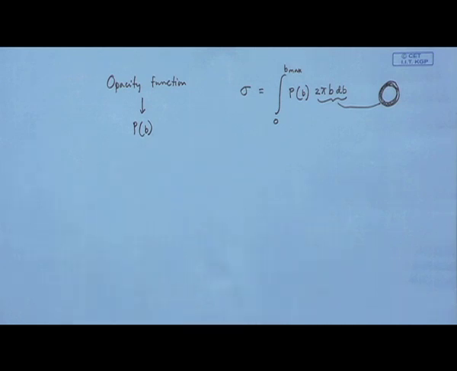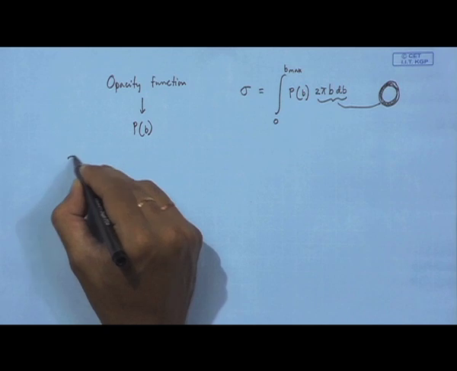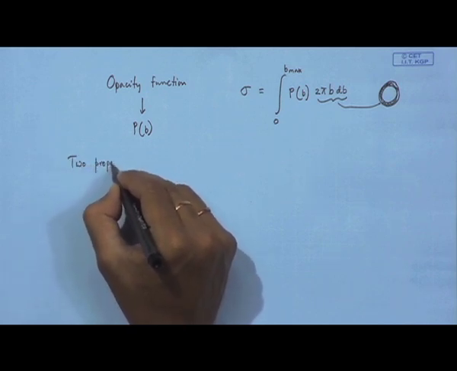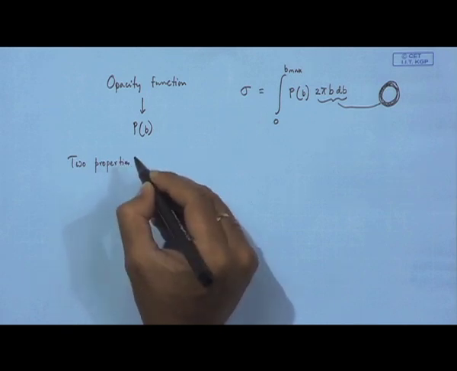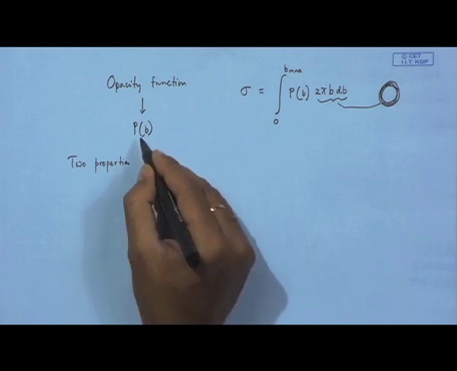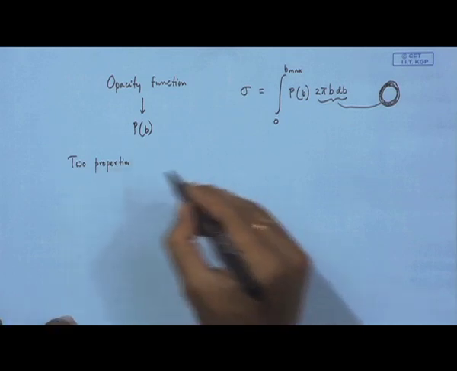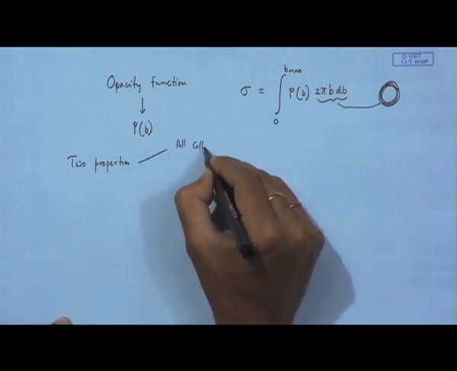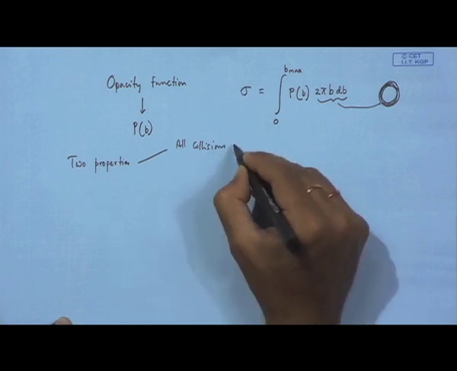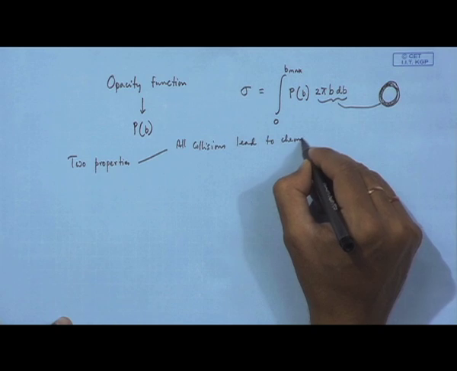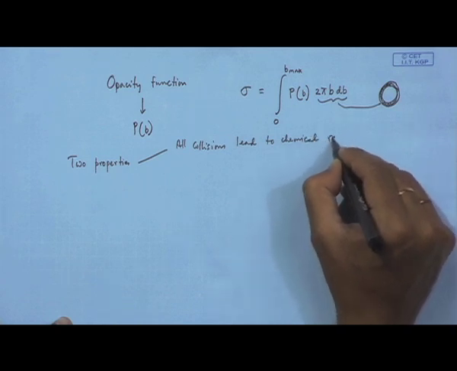And this opacity function has two properties. One is, at most all collisions lead to reaction. So, P B could be unity. So, all collisions lead to chemical reaction.